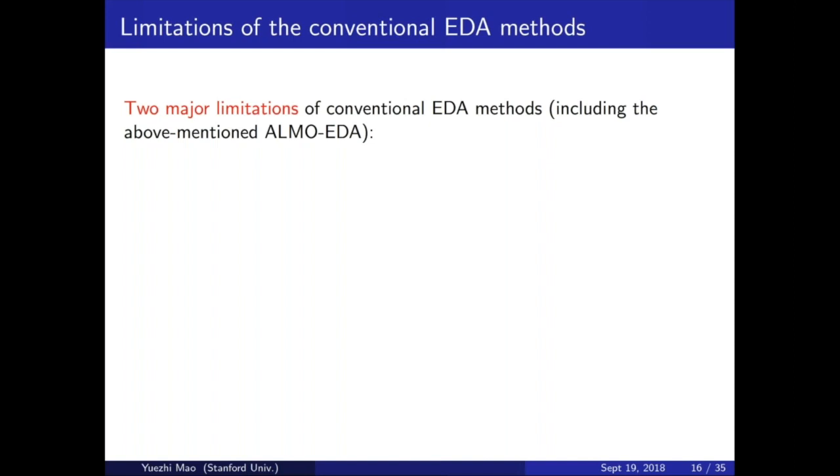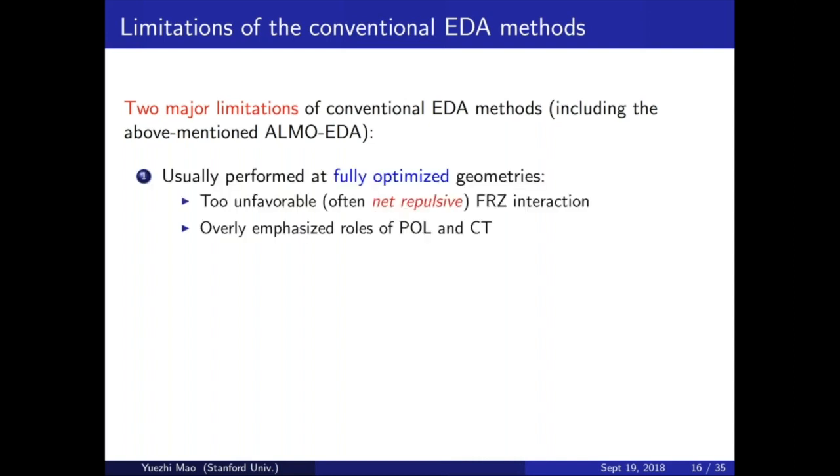And now I want to talk about the adiabatic EDA method. The ALMO-EDA, the second generation ALMO-EDA I just mentioned, can be referred to as a vertical EDA method. And this method has two limitations. First, they are usually calculated at fully optimized geometries.